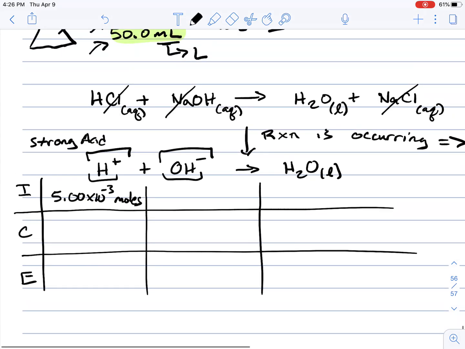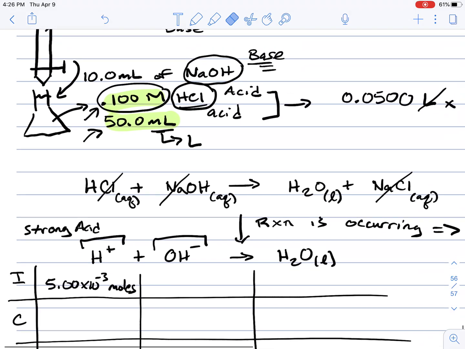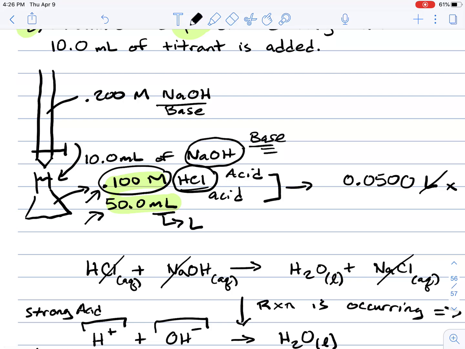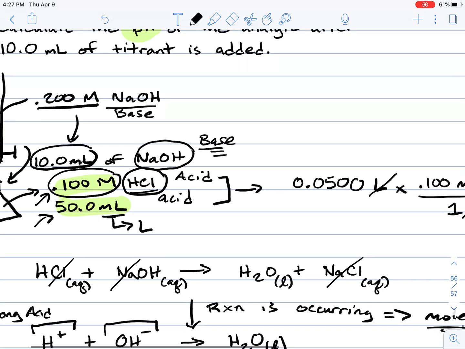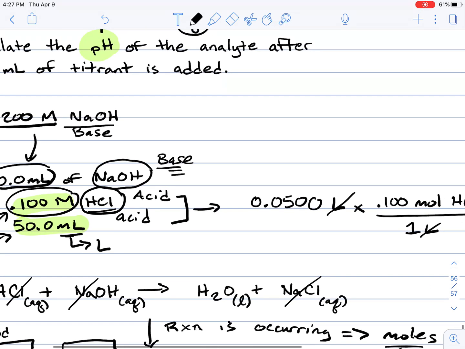Now for my OH minus, the concentration is 0.200 molar, and the volume is dictated by how much I transferred into the Erlenmeyer flask. And so very similar to what I did with the acid, I'm going to take the 10 milliliters and convert into liters.